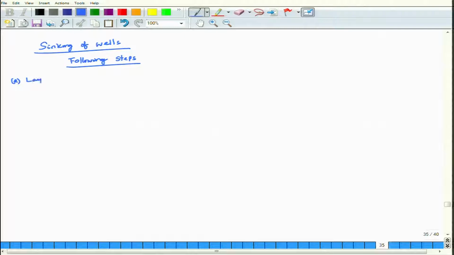First one is laying the well curb, and let us draw how it looks.